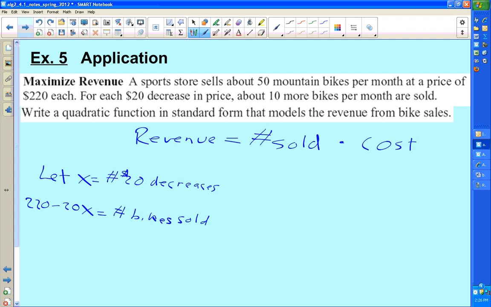Using the same logic, how many bikes am I going to sell?